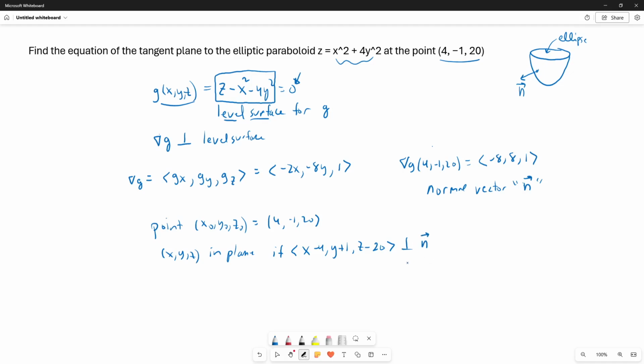And that means that the dot product should equal 0, and this will give us an equation.